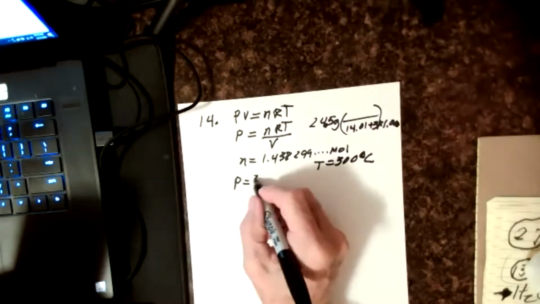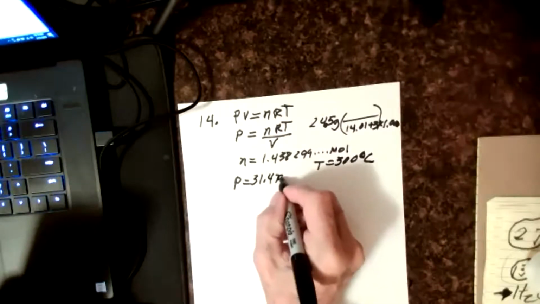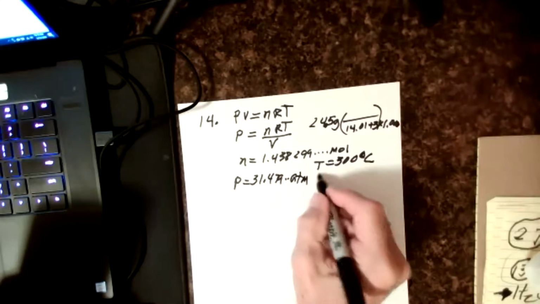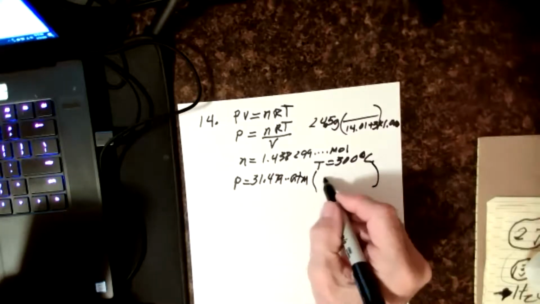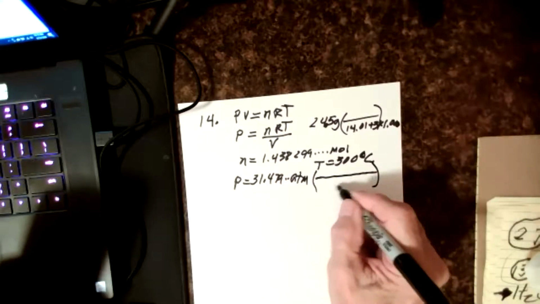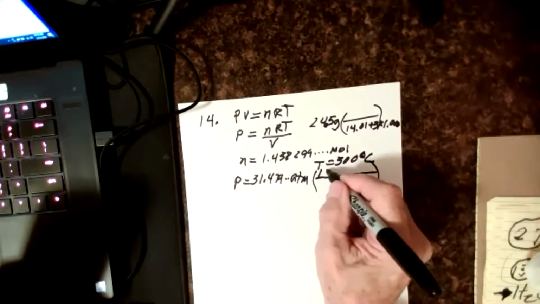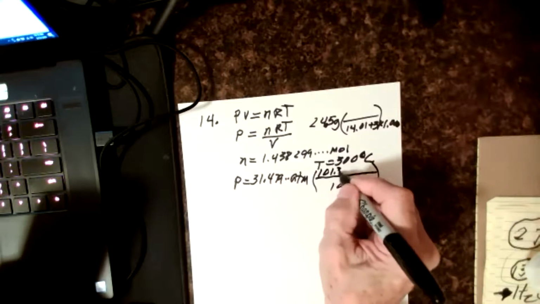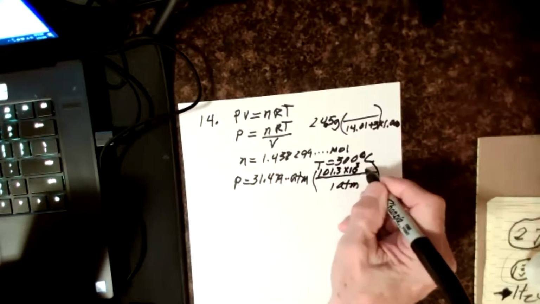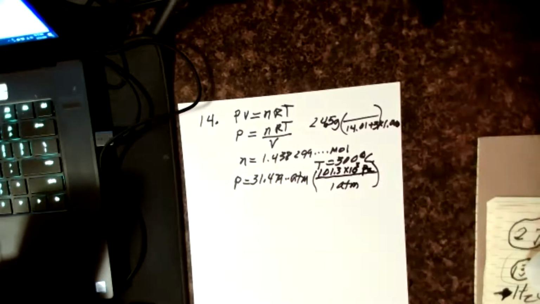I'm coming out with 31.479 and more digits atmospheres. I want to go from atmospheres to pascals. So 1 atmosphere is 101.3 kilopascals, or 10 to the third pascals.